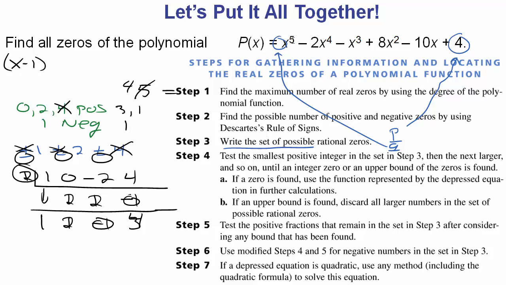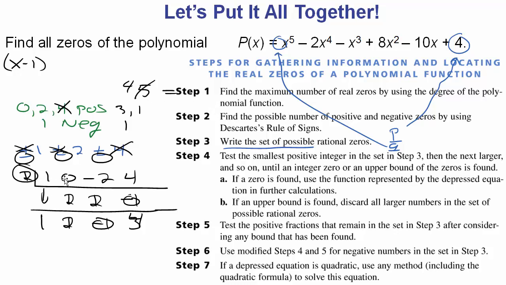So then what you would do is you would use synthetic division and start with 1, do the work, and then go from there. What I've done here is I've kind of gotten halfway done. Did synthetic division once, got a smaller one of degree 4. Then did it again, got an even smaller one. And each time you get a smaller one, you go back and you redo your steps.